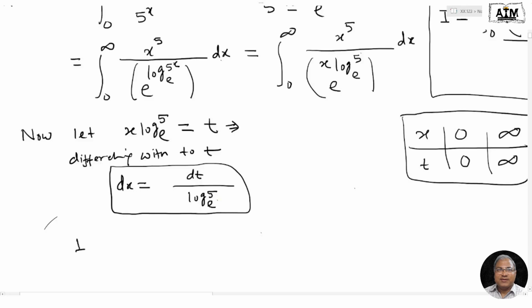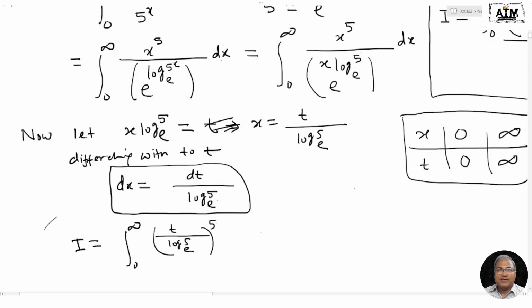So we get I equals integration from 0 to infinity, in place of x, t divided by log 5 to the base e whole raised to 5, and in the denominator we get e raised to t, and in place of dx, dt divided by log 5 to the base e.